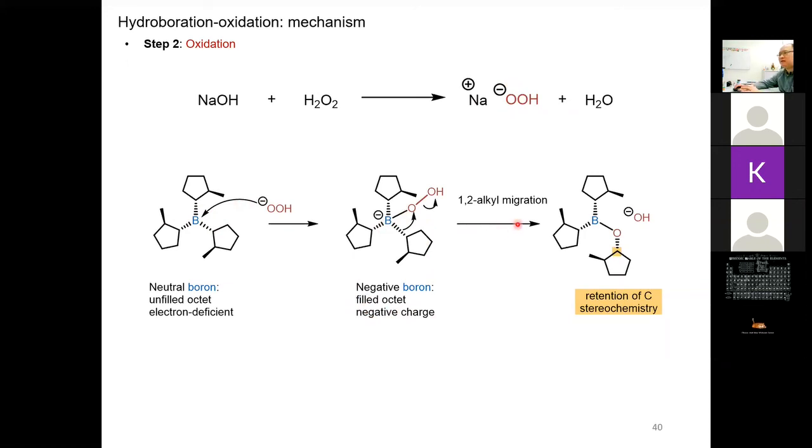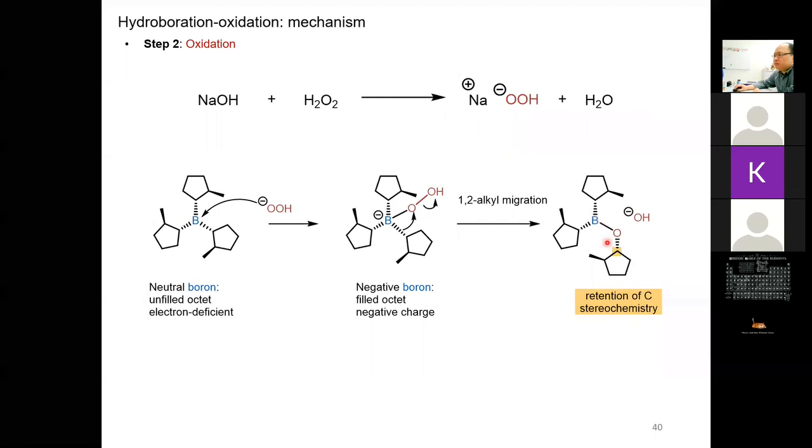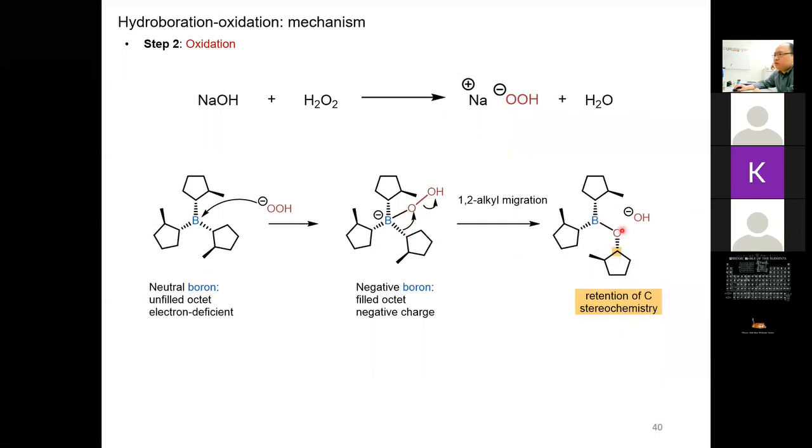You guys need to focus on this. This bond, instead of bonding to the boron, will migrate to the oxygen here and kick off the OH. During the migration, it will become this structure. So this C-B bond is broken, this C-B bond is broken, and the C is now bonded to O. The O is still bonded to boron.